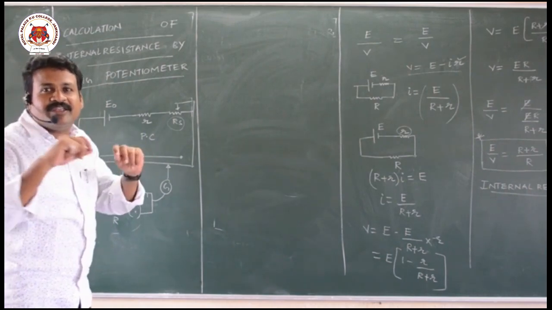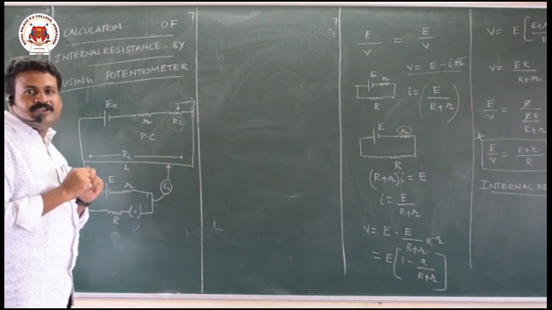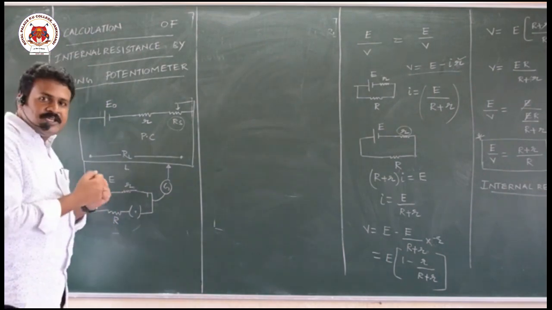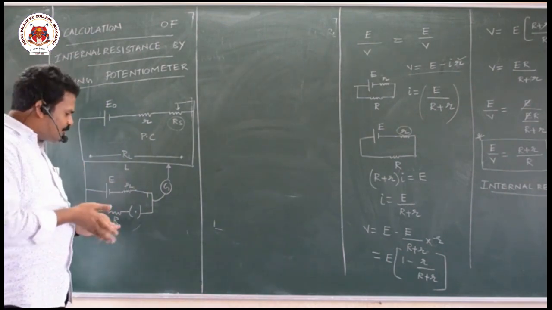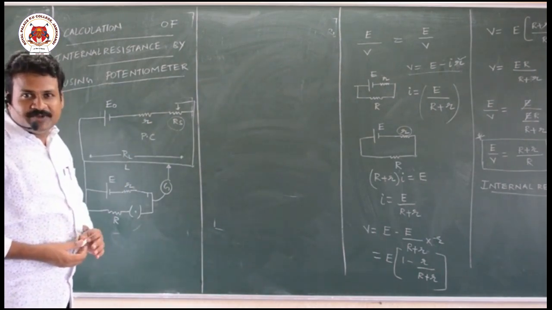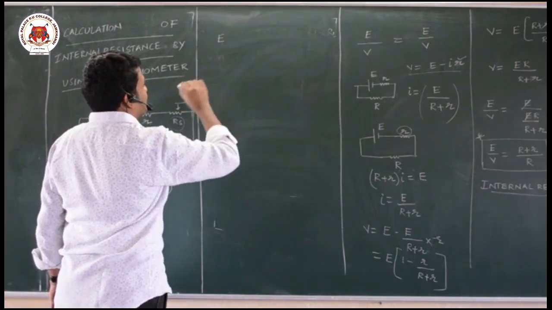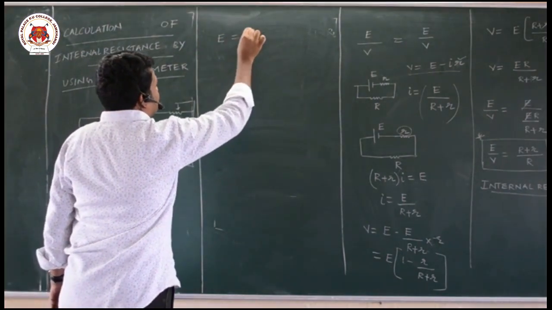If you are not connecting any wire to the battery, that battery or cell will never give the current. So first time I will keep the switch open. When switch is open, I am going to measure EMF because no current is drawn from the cell. So first time E is equal to, I got KL1.